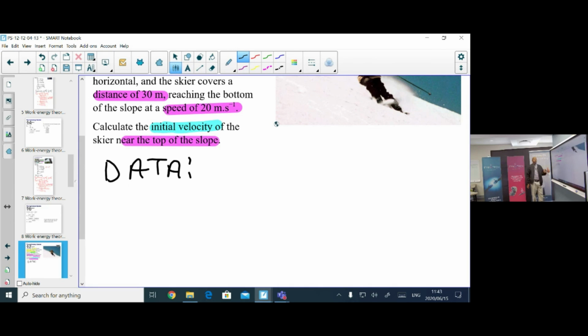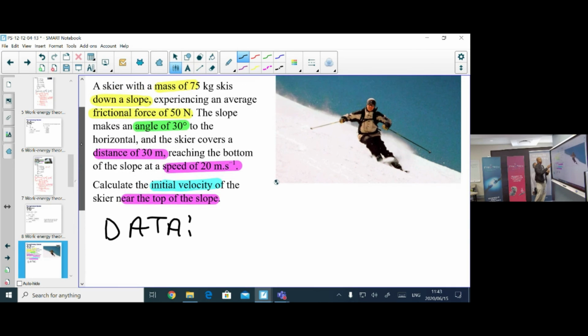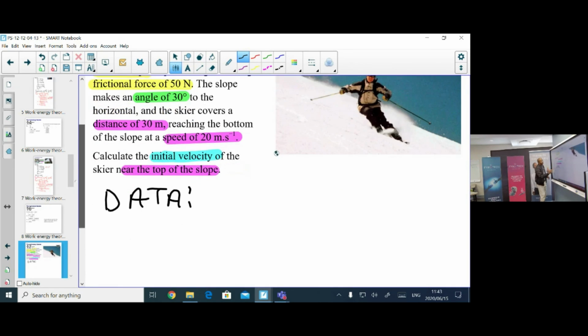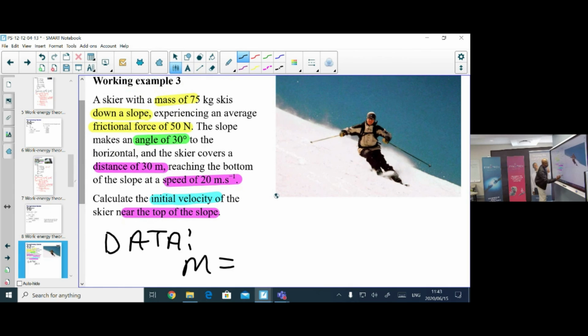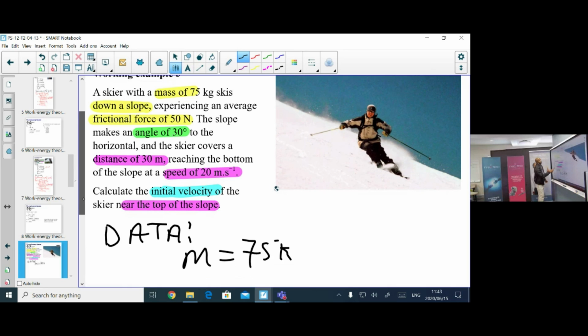This is the data. Given information is very, very much important. I need you to move fast with me. M is equal to what? M is equal to 75 in kilograms.